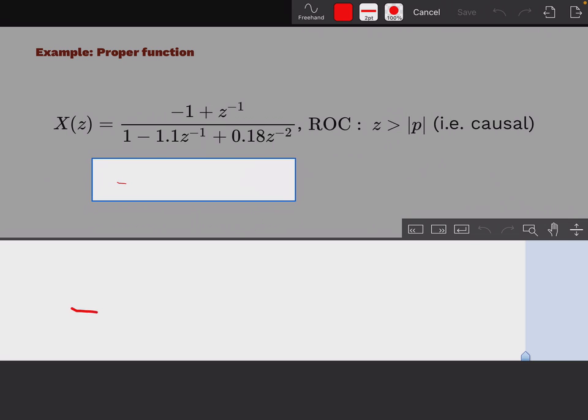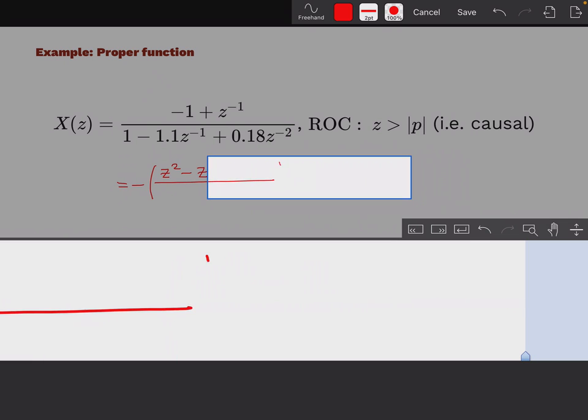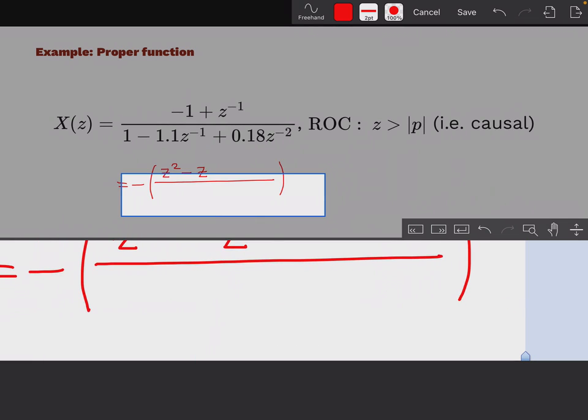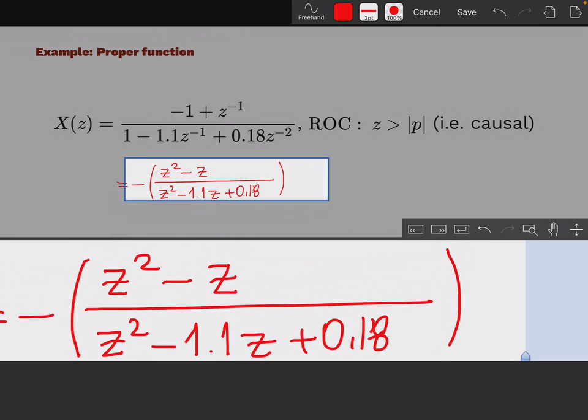So we end up with (-z squared + z) over z squared minus 1.1 z plus 0.18. Okay, so then we have two polynomials of order 2.